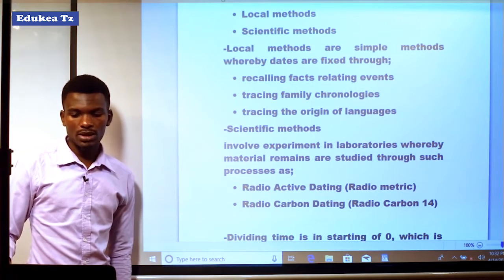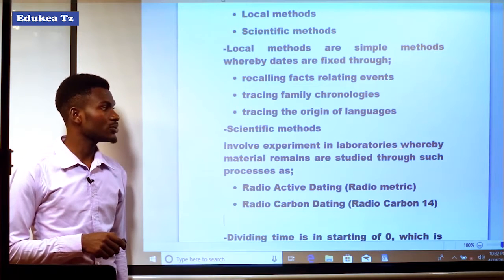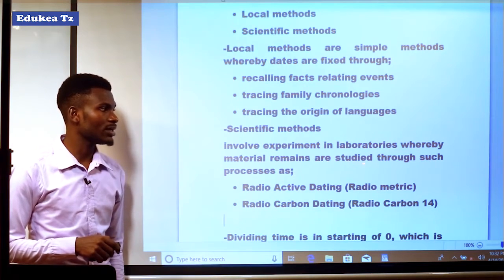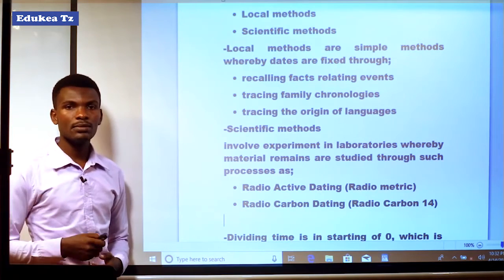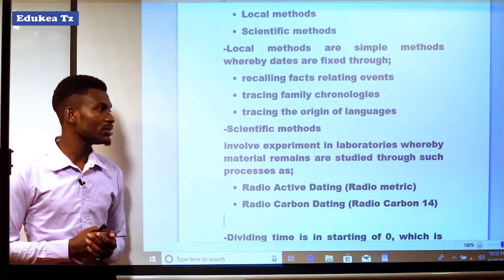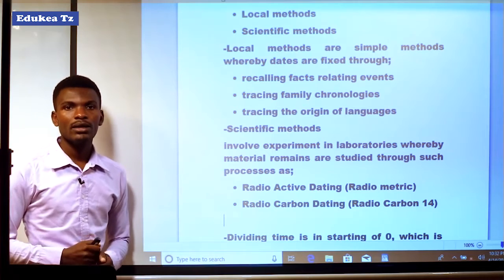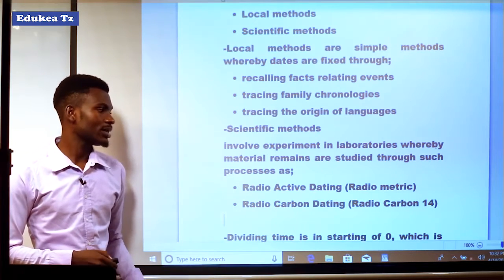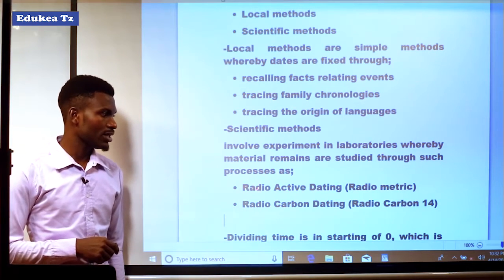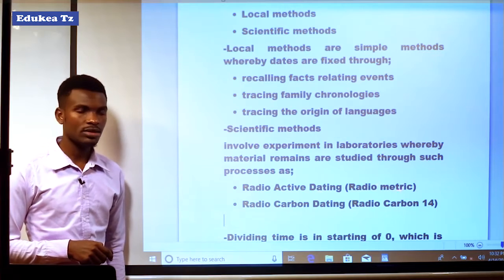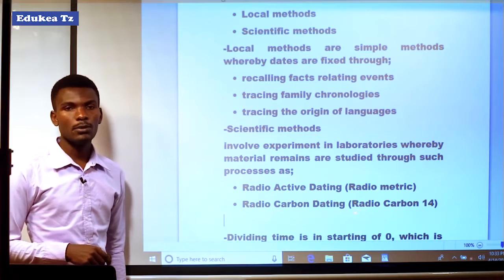Scientific methods involve experiments in laboratories where material remains are studied through such processes as radioactive dating or radiometric dating, and radiocarbon dating or radiocarbon 14.